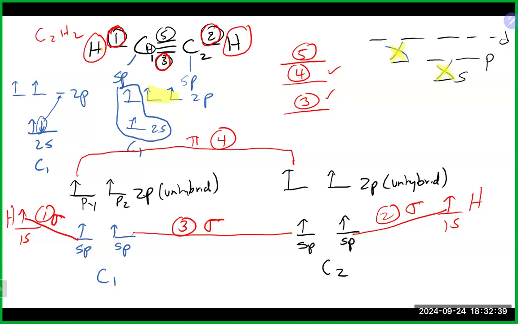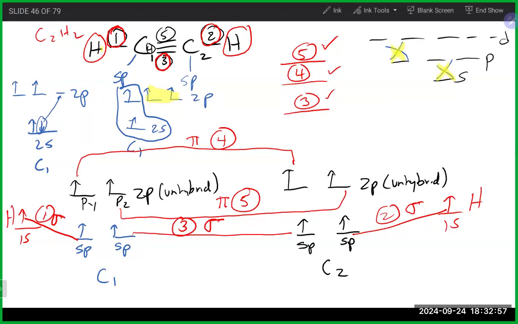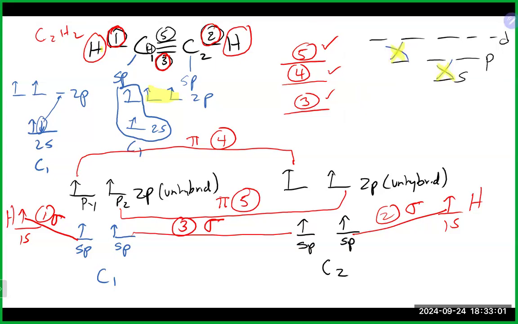Another set of unhybridized p orbitals. That is where the triple bond comes from. This is also going to be a pi bond as it sideways overlaps. So in this case, you have two sets on each carbon of unhybridized p orbitals.